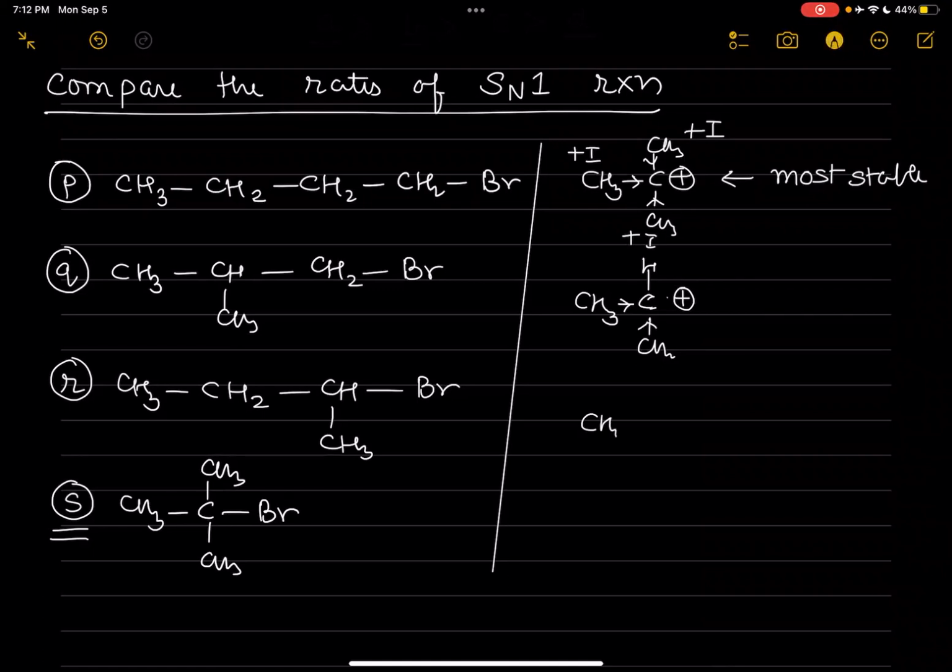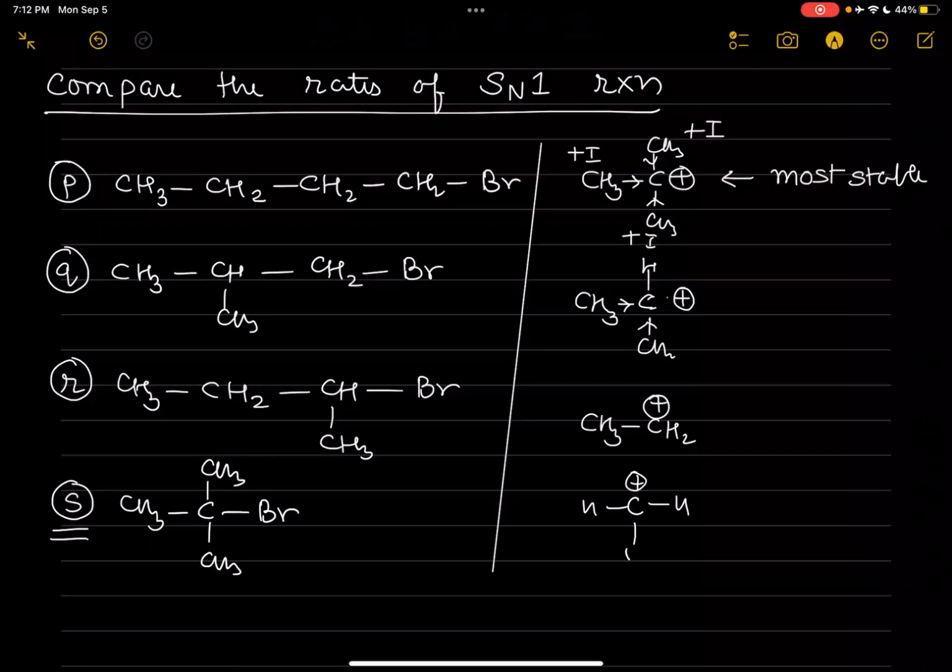And primary carbocation has only 1 alkyl group. That's why it is primary. So only 1 alkyl group is trying to push its bonded electron pair towards C plus. And if you have a methyl carbocation, it doesn't have any alkyl group, so this is going to be the least stable.